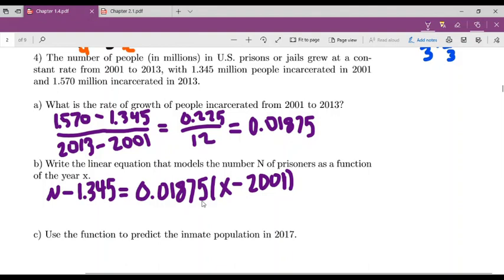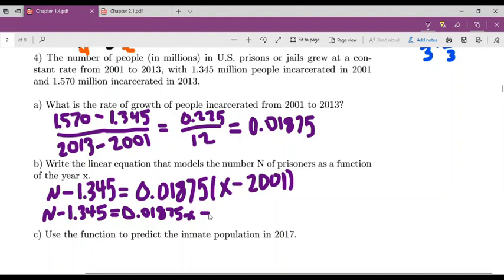If I want to get n by itself, I'm going to go ahead and simplify this right hand side. I'm going to keep this left hand side as n minus that 1.345. I'm going to distribute this slope here, which is 0.01875. So that will go to the x. And I'll need to multiply that times that 2001 as well.